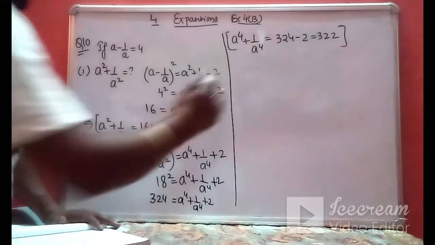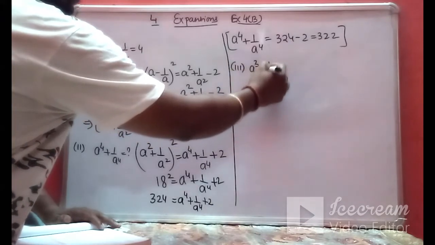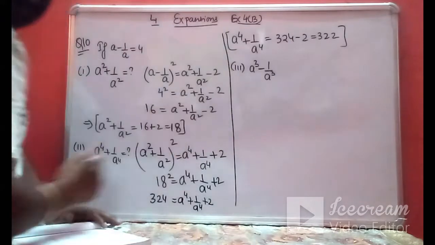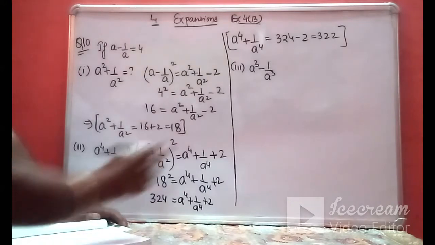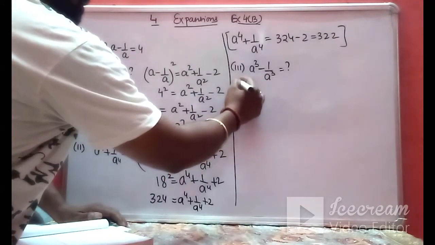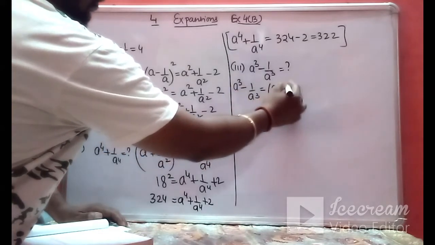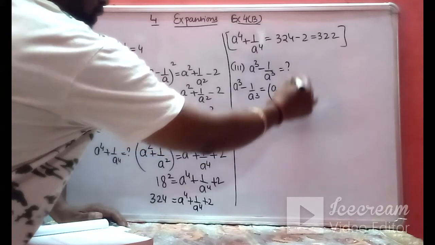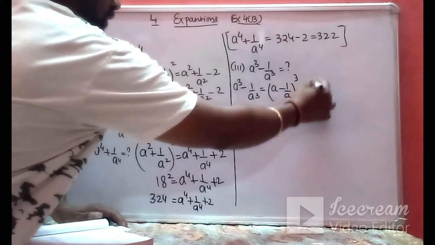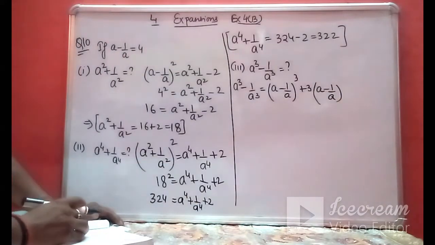Now regarding the third part, that is a cube minus 1 upon a cube. For this we know the identity: a cube minus 1 upon a cube is actually a minus 1 upon a whole cube plus 3 into a minus 1 upon a. This identity I have told you.